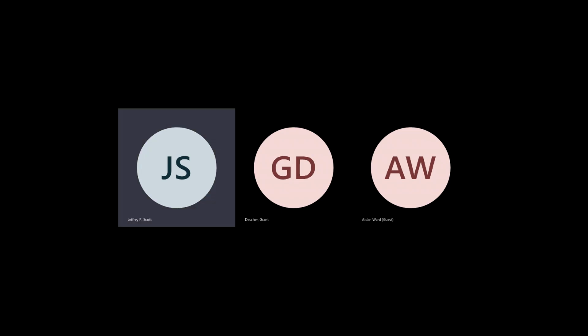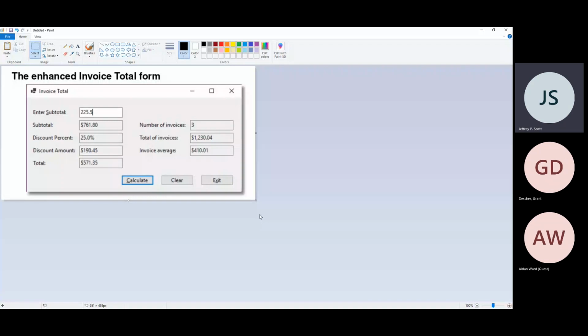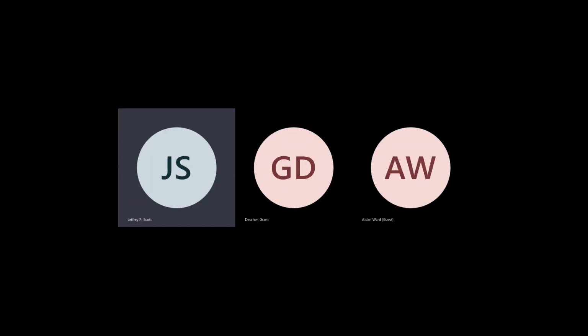What I want to do is I want to make this the enhanced invoice total form. All right. So this is what I want to do. I'm going to write it. I'm not going to use any of their code. I'm just going to write it myself, but it'll look like theirs. All right. Okay. So let's start then by changing our share, going back to Visual Studio.